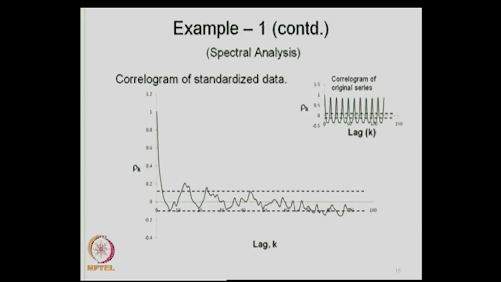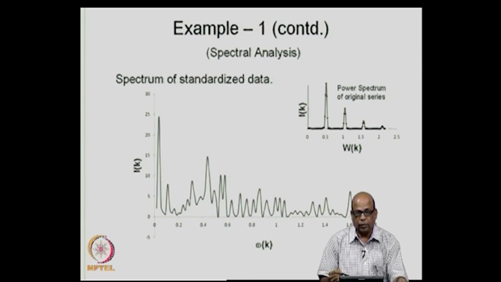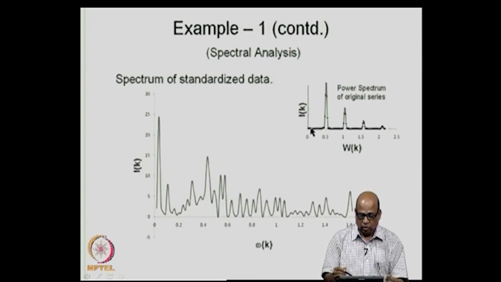This information can be seen better in the spectral density. If you look at the spectral density, this is how it looks. In your original series, the power spectrum looked like this. The power spectrum of the original series showed significant spikes corresponding to the periodicities of 12 months, 6 months, 4 months and 3 months here, whereas the spectrum of the standardized data looks much more random.